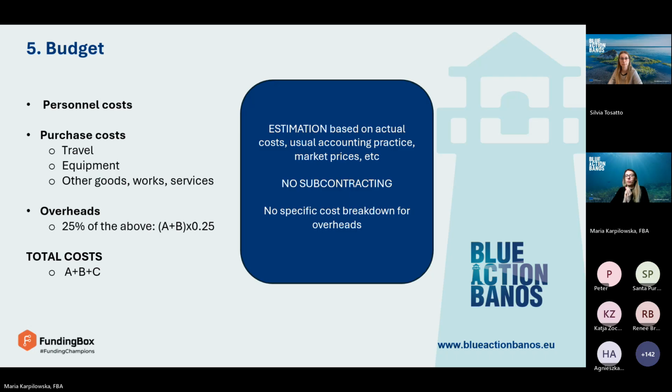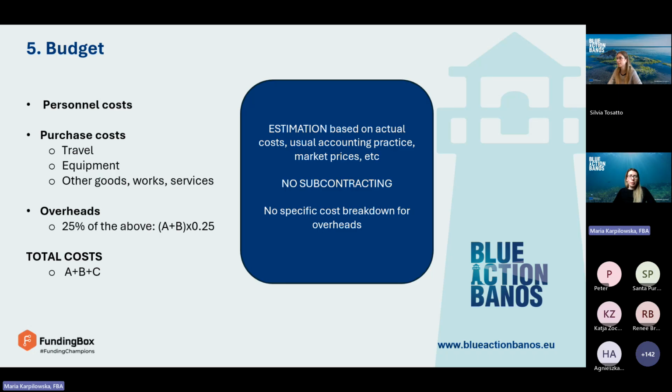So to put it simply, the budget you are including in the full proposal is the cost estimation. And this is the estimation based on actual costs, your usual accounting practices, your market prices, your internal regulations, and so on and so forth.